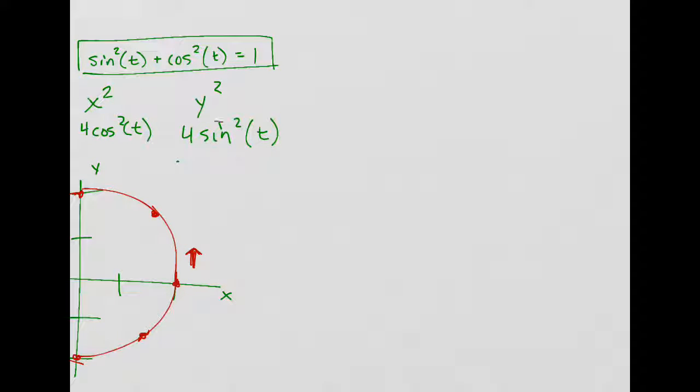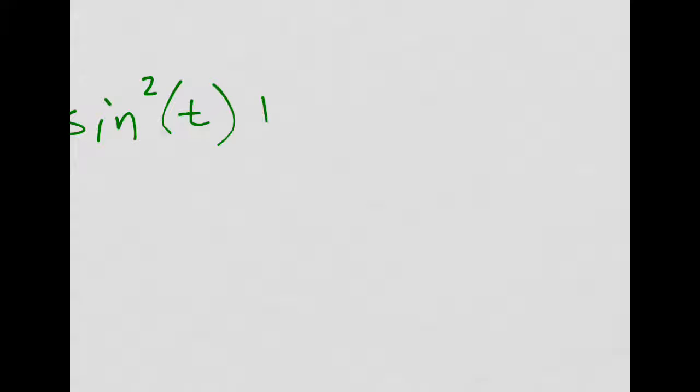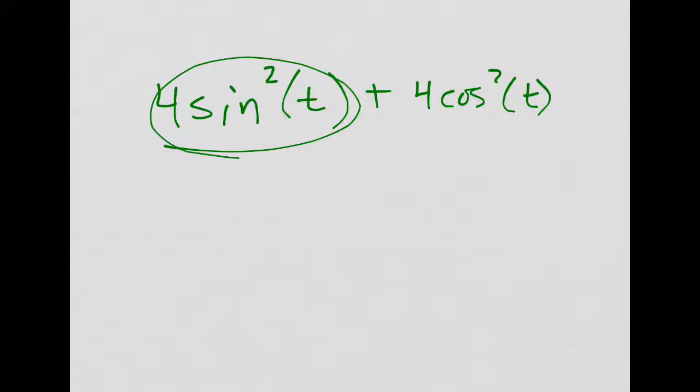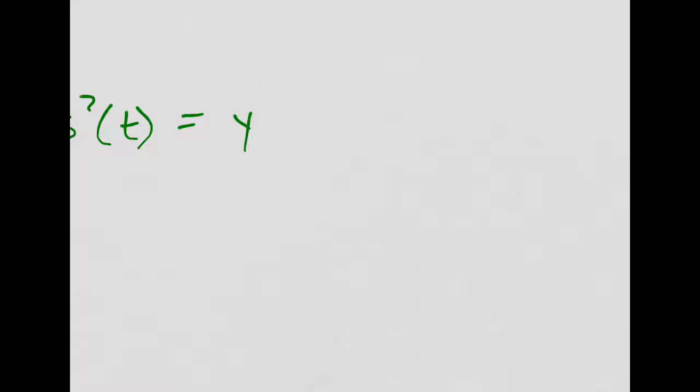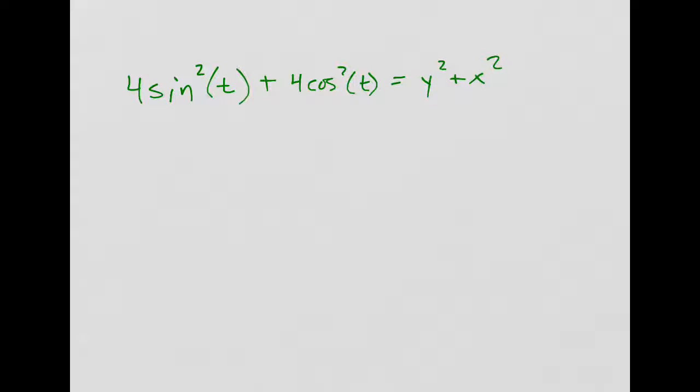So I need to have some kind of addition somewhere. So I'll take 4 sine squared t plus 4 cosine squared t. And effectively, this is just y squared plus x squared. So now I have an equation, but I want to eliminate the t because I want just a Cartesian equation.